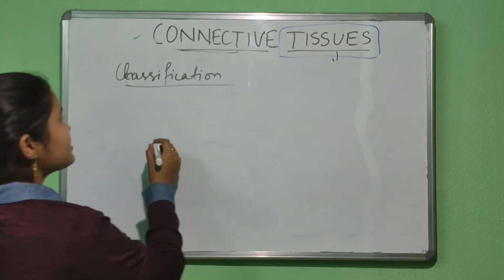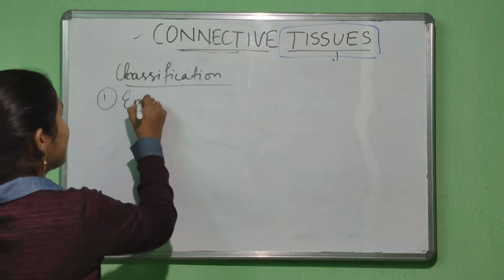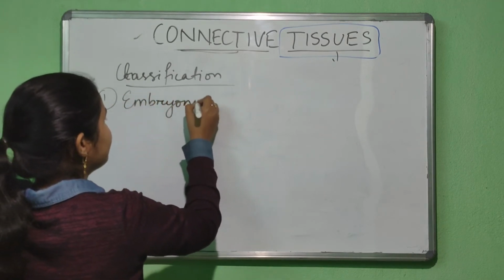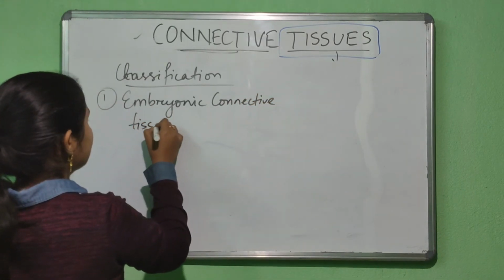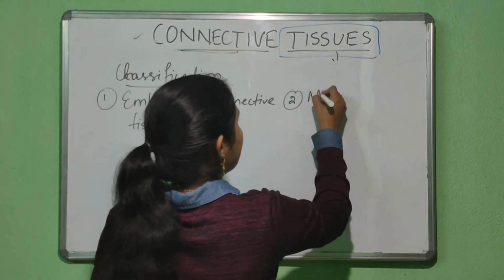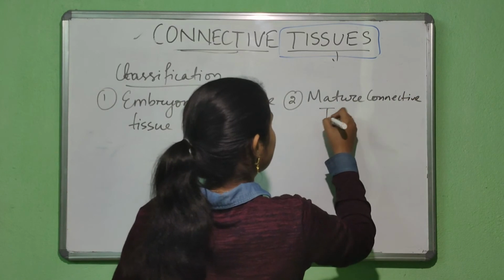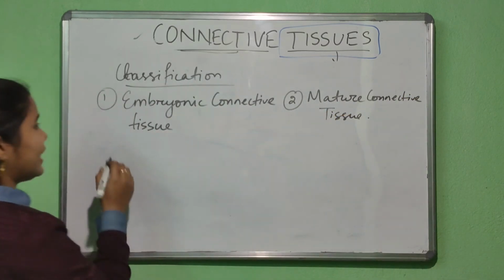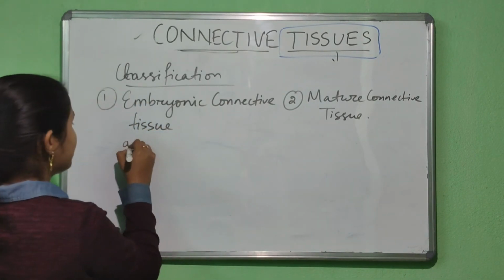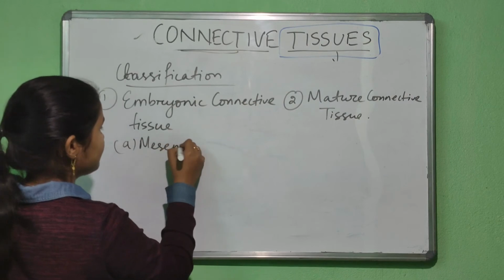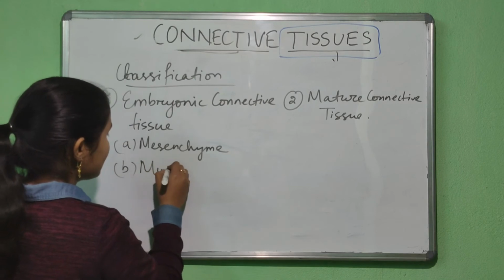These connective tissues can be classified under two categories. The first one is the embryonic connective tissue, and the second one is the mature connective tissue. Under embryonic connective tissue, there are two types. The first one is the mesenchyme, and the second one is the mucous connective tissue.